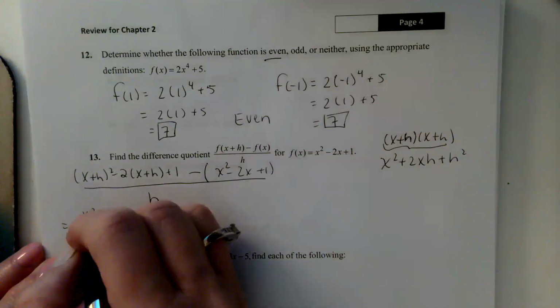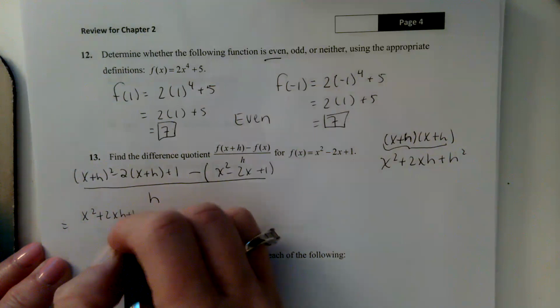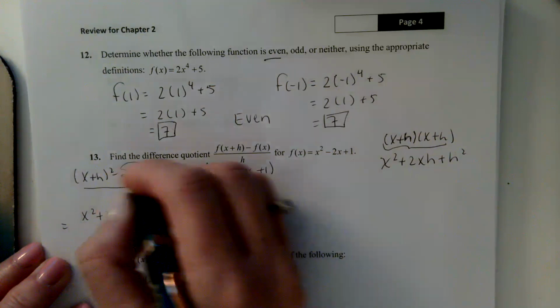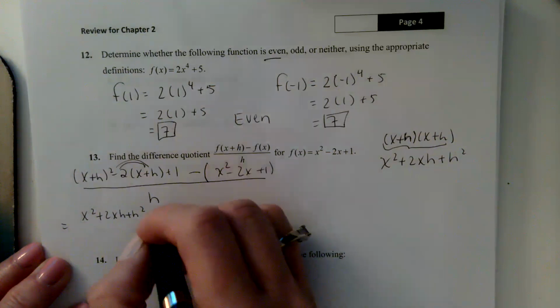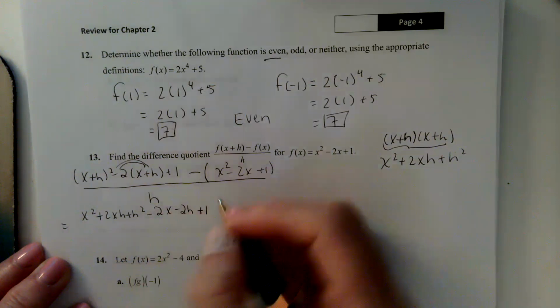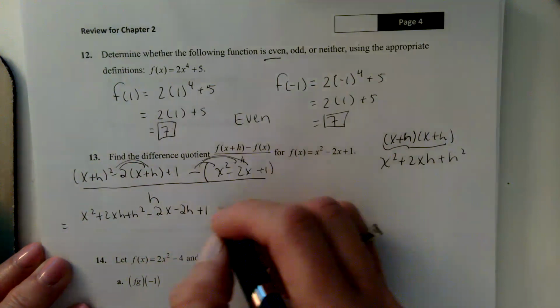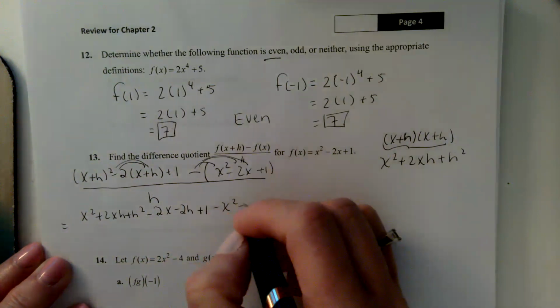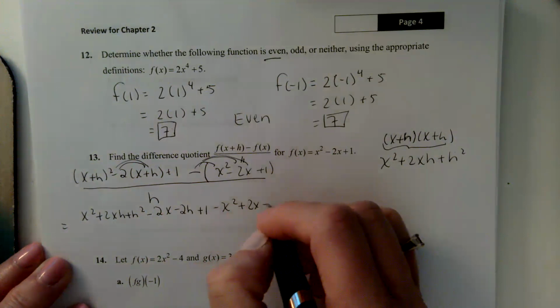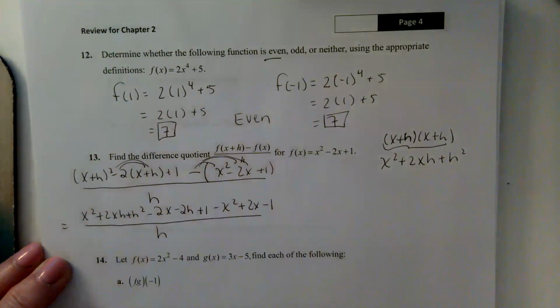I've got x squared plus 2xh plus h squared. Then I have to distribute this -2. So minus 2x minus 2h plus 1. Then I have to distribute this negative to all three terms. So minus x squared plus 2x minus 1 all over h.